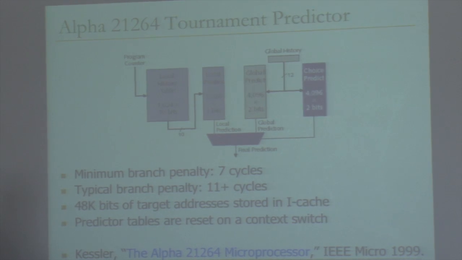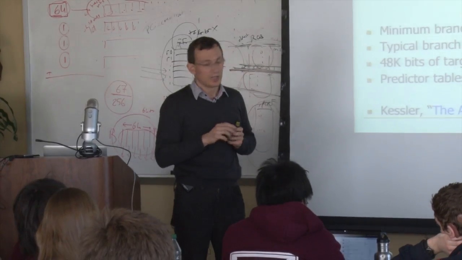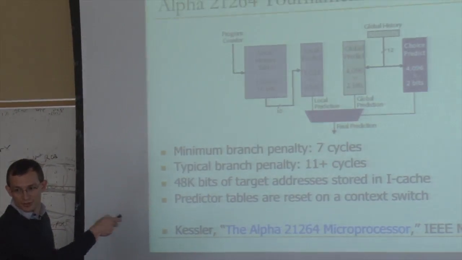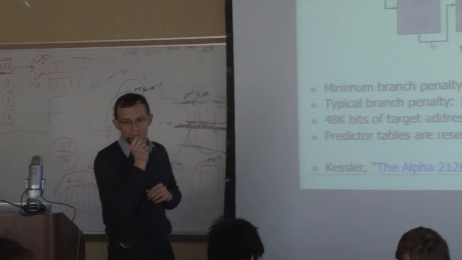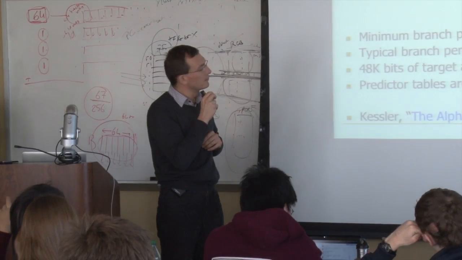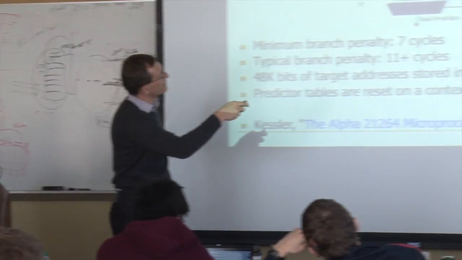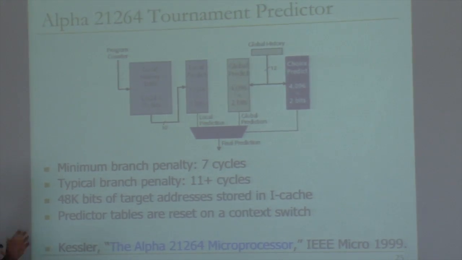You know the one where you XOR the program counter and your global history? You could have a PC XOR global history and index the choice predictor, yes. That's another way to index some sort of global predictor. So that's the G-share predictor: global history XORed with program counter, and then you index the global predictor to get a prediction out of that.